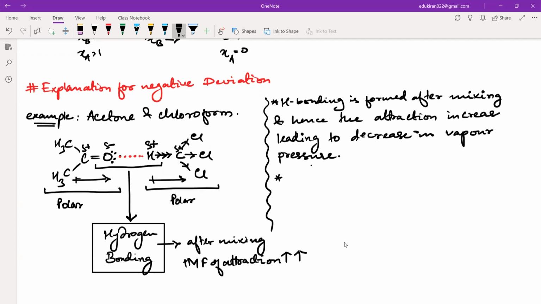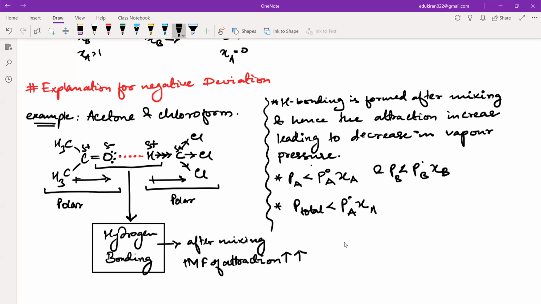And that is why in this case PA is lower than P0A chi A, and PB is also lower than P0B chi B, and eventually P total will also be lower than P0A chi A plus P0B chi B.